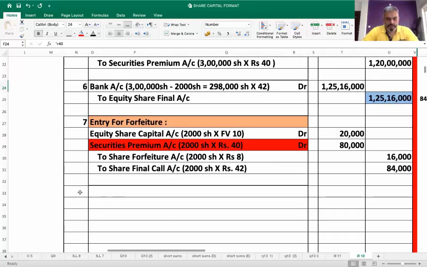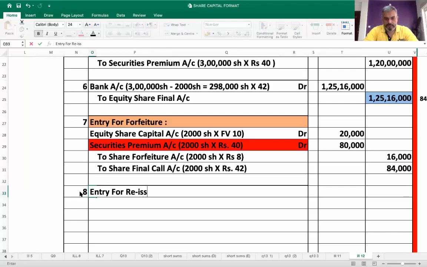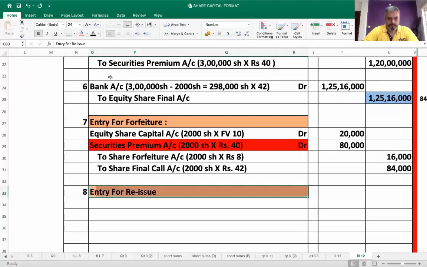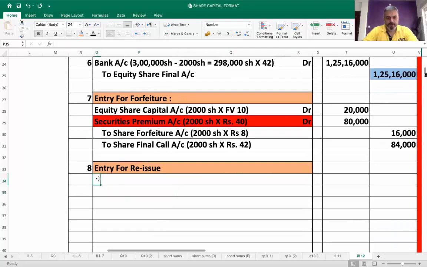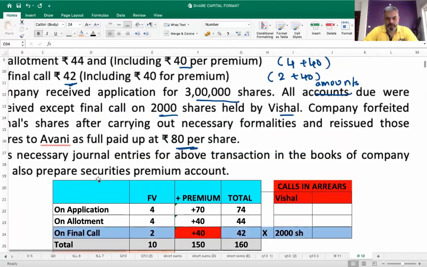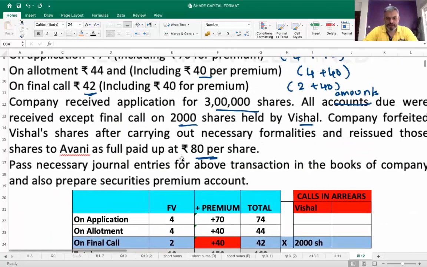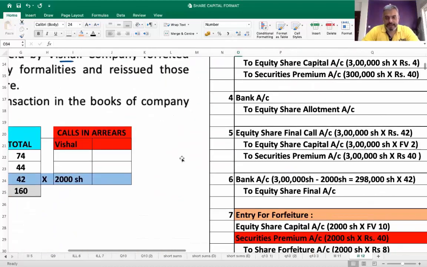Now we go to the eighth one. Now we are going to reissue. So entry for reissue. Now entry for reissue is we reissued all these shares to Avni at rupees 80 per share.